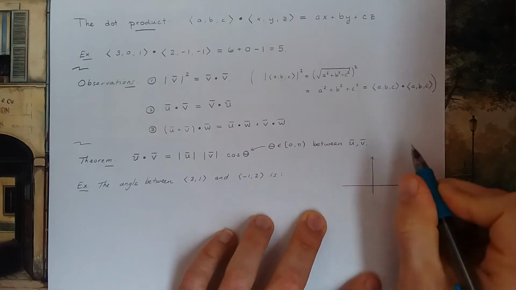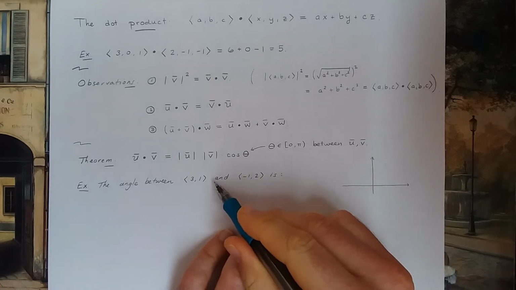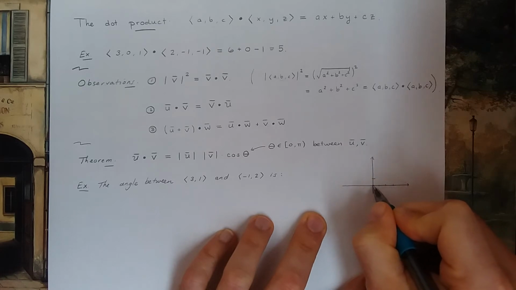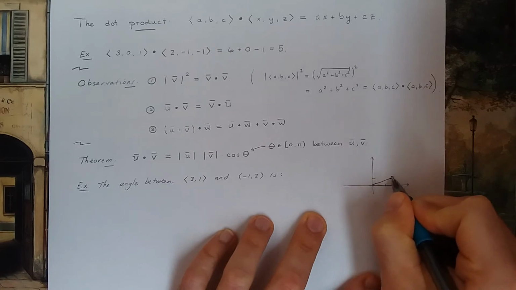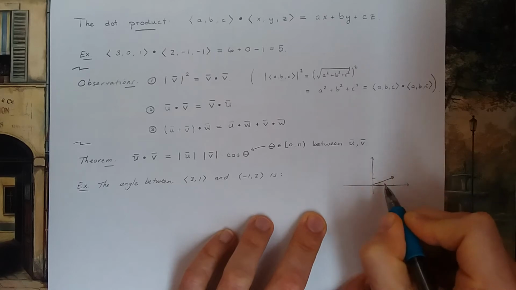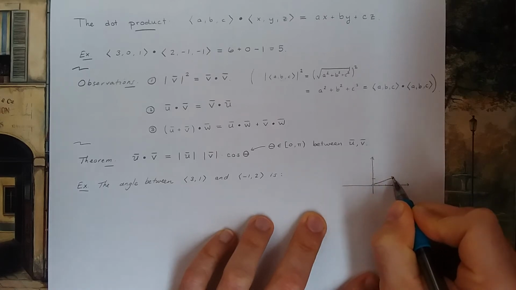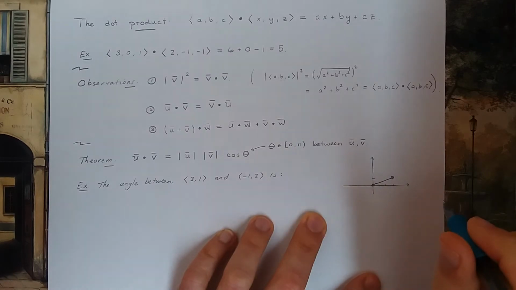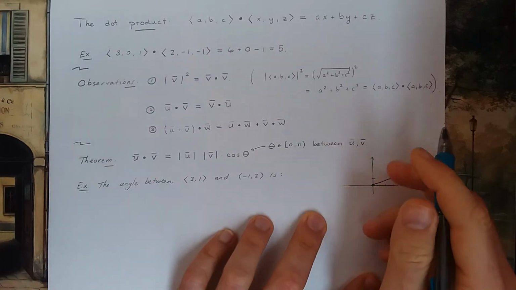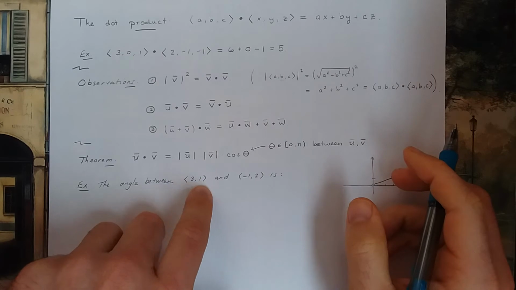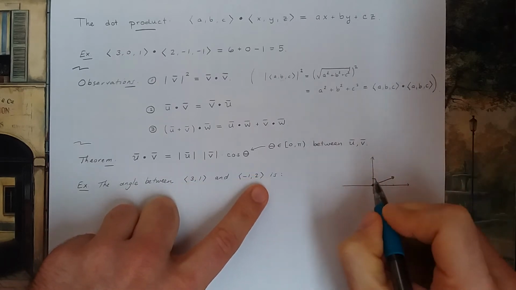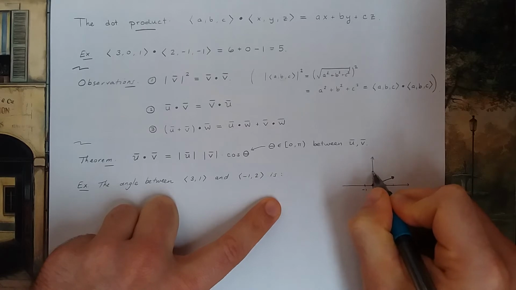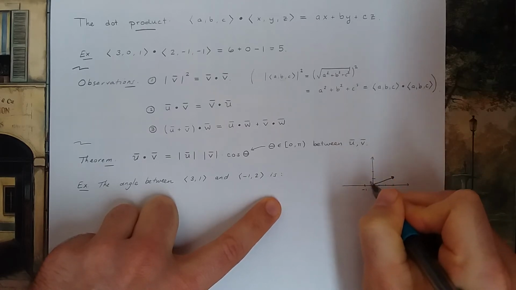So I'm in R2, two-dimensional vectors. My first vector is 3, 1. So here's a depiction of the vector 3, 1. I chose to write the vector starting at 0, 0, but again, I could have chosen to put the starting point anywhere as long as I travel 3 units to the right and 1 unit up. I've got the vector 3, 1. Okay, the vector -1, 2 says travel -1 units in the x direction and 2 units up.